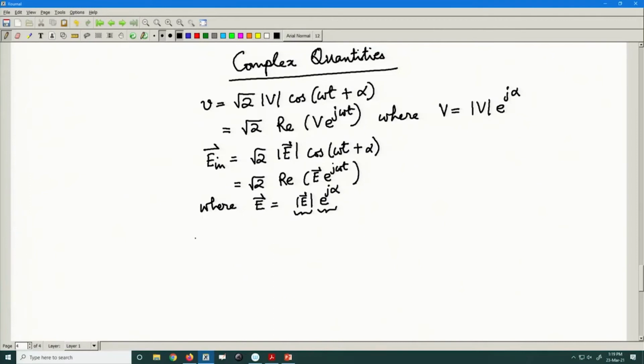We also will write some fundamental operations which we use in the complex domain.